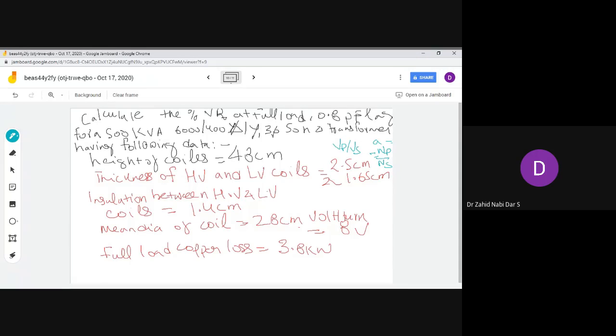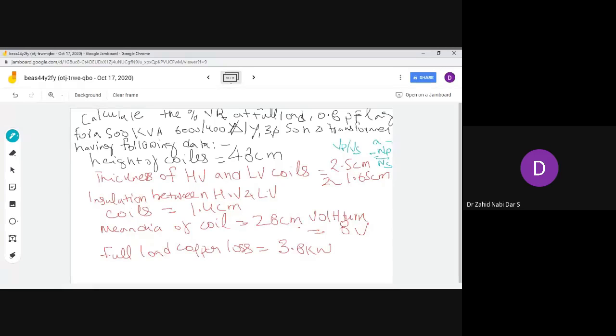So IP would be equal to 500 into 10 power 3 divided by 18,000. So it would be around 5 lakh divided by 18,000. How much will it come?